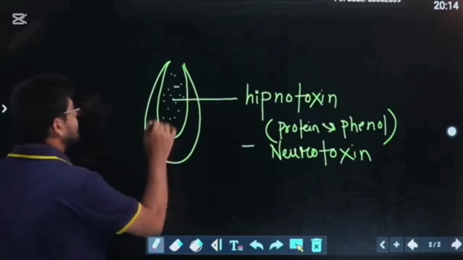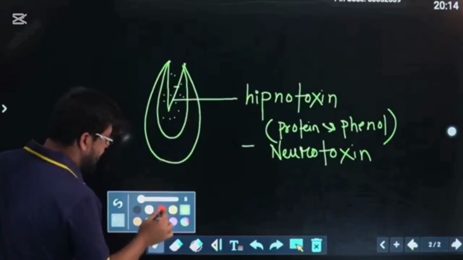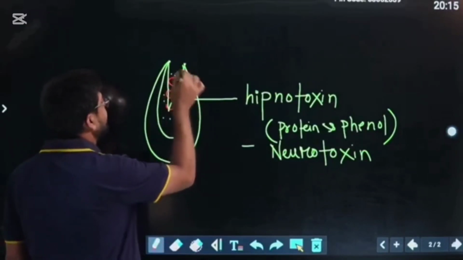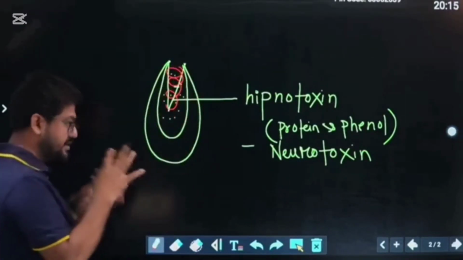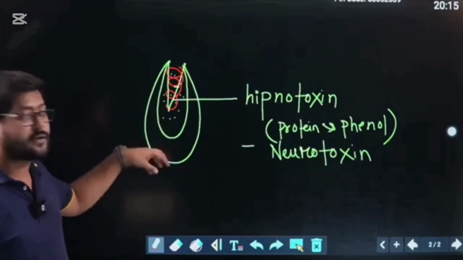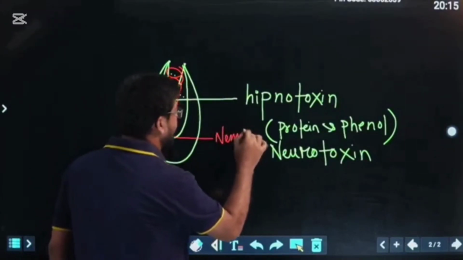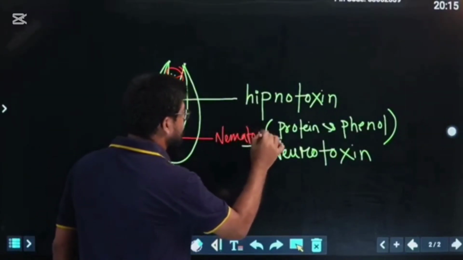Next, they have parts for injecting the neurotoxin into the body of an individual. For that reason, they hold a structure in their sac, and this sac is called the nematocyst.